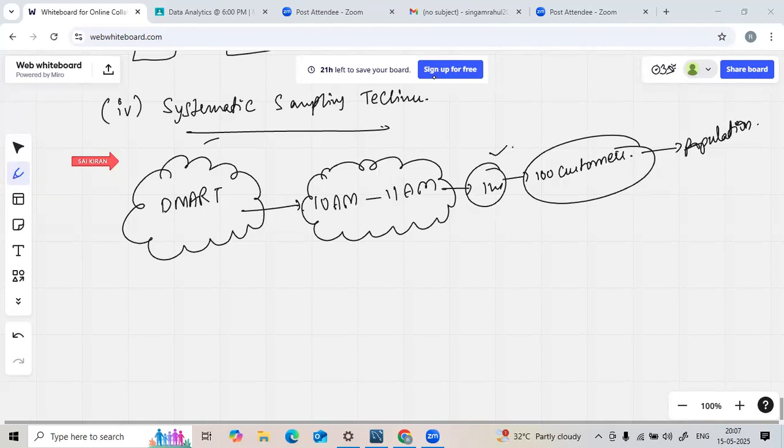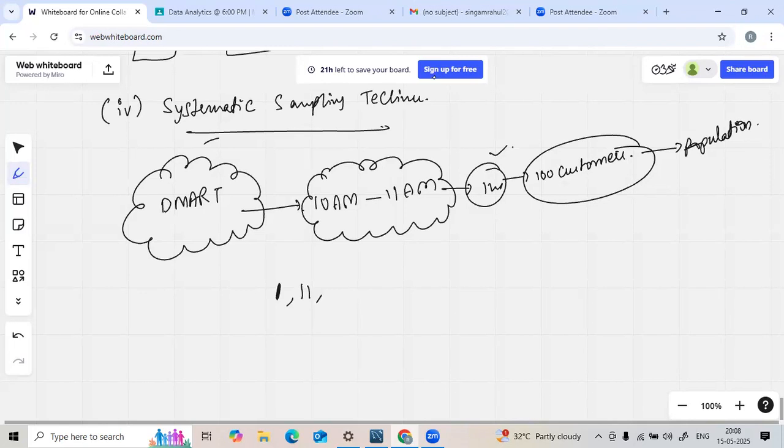That means if all 100 customers are entering DMart between 10 a.m. and 11 a.m., and we consider this the population, you are going to check the vitals for the first customer. After that, you skip the next 10 individuals and check the vitals for the next 10th customer, that means the 11th.